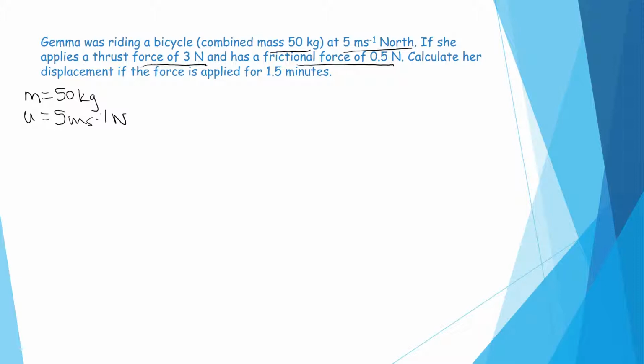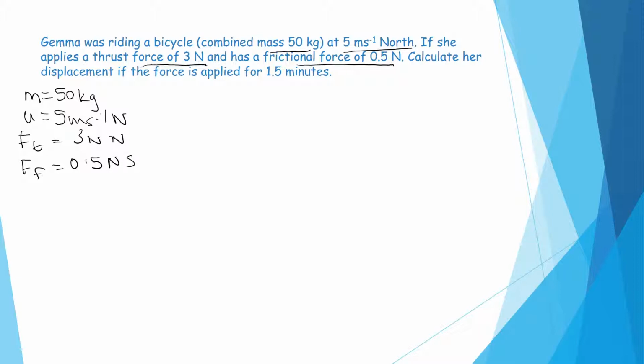Now I've got two forces. So because I've got two forces, I can do vector addition to find the net force, because we have a force of thrust, which is 3 newtons north, and we have a force of friction, which is 0.5 newtons, and friction is always in the opposite direction, so that will be south.